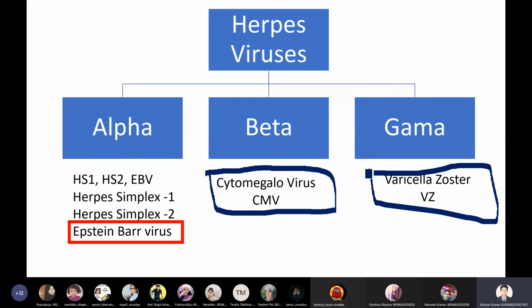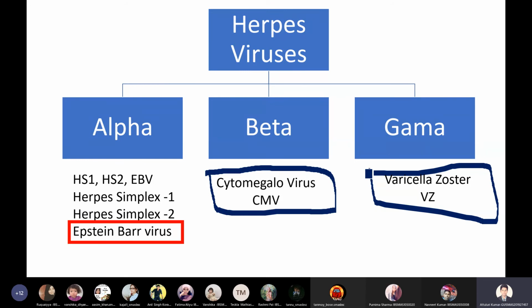Today we discussed Epstein-Barr virus and cytomegalovirus. Epstein-Barr virus will cause these three conditions: nasopharyngeal carcinoma, Burkitt's lymphoma, and infectious mononucleosis, which is kissing syndrome. Whereas cytomegalovirus is a teratogenic virus that will infect the developing baby and cause abnormality.